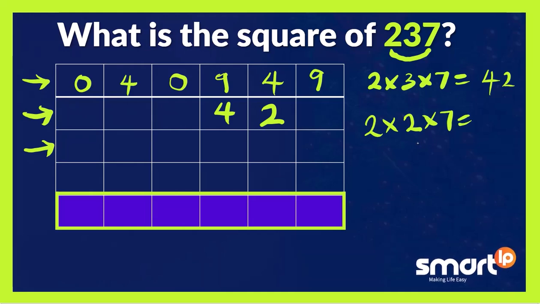So 2 times 2 is 4. 4 times 7, that's 28. So we have 28. Okay, so in this row, we are not going to write the 28 here. So this is what we're going to do. We have to start it from here. So we're going to put the 8 here, and we're going to put the 2 here.